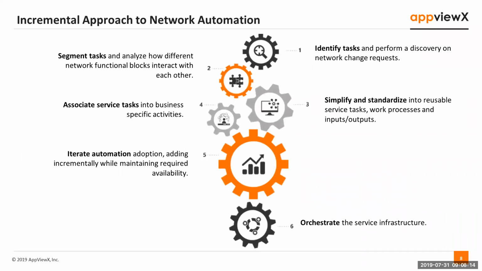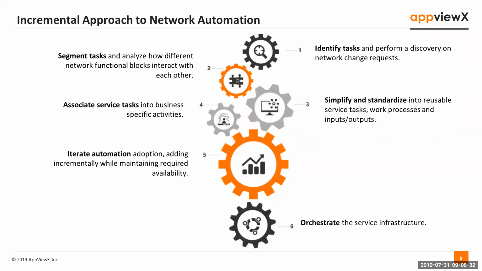What are some of the incremental approaches towards network automation? Well, we recommend that you start by identifying the tasks. Perform a discovery of network change requests, for example, that are most common. Maybe look at your ticketing system, Jira, ServiceNow, Remedy, whatever the case may be.